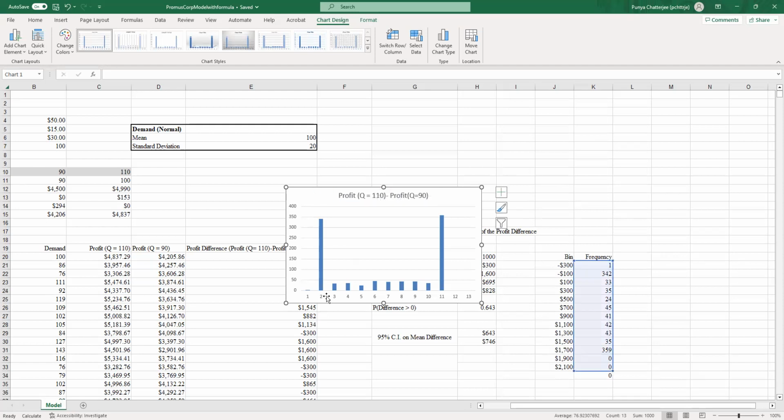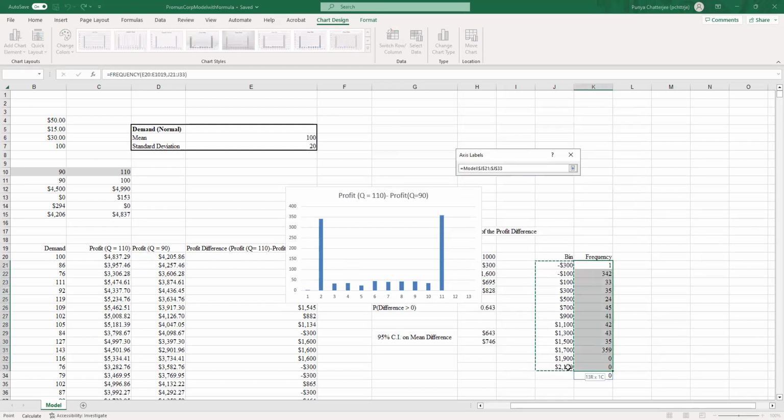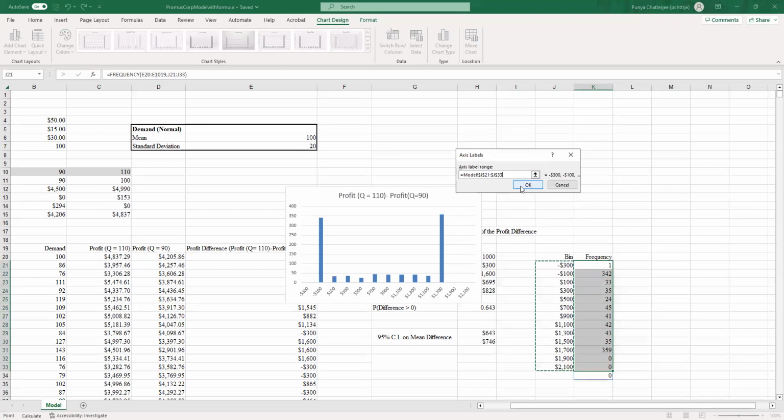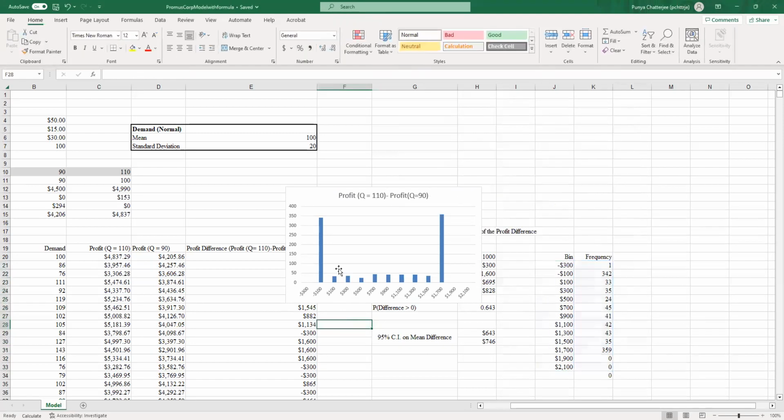And finally, I need to change the horizontal axis. So I'm going to go to select data, and right here I'm going to edit, and I'm going to tell Excel that these are my bins, not 1, 2, 3, 4. Okay, and there you go.